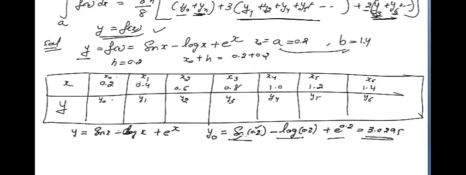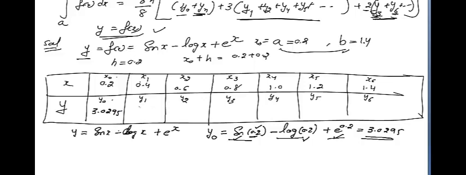Whenever you find the sine of any value, you must take it in radian mode. Everyone is aware how to find the log of a number and the exponent using a calculator. So the value here I will take is 3.0295.